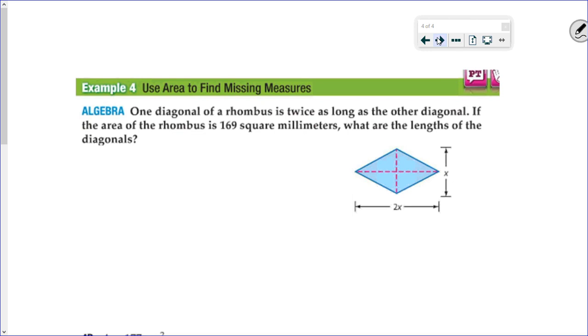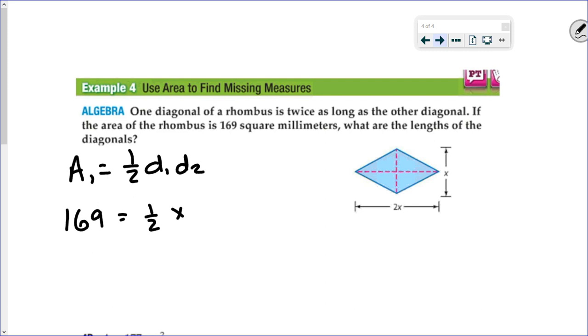So you've just got to use, again, the formula for area of a rhombus, 1/2 d1 times d2. In this problem, area 169 square millimeters equals 1/2, call diagonal 1 x, call diagonal 2 2x.